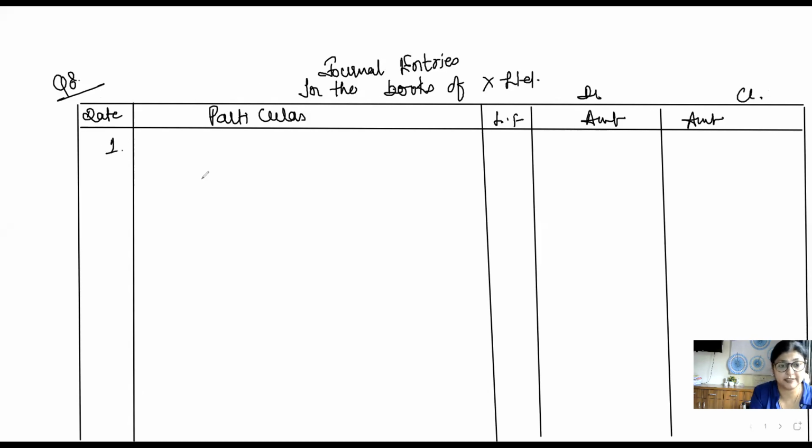Entry number 1 is business taking over. So we will write sundry assets. If the name of assets is not given in the question, we will write sundry assets, which was 6,60,000.